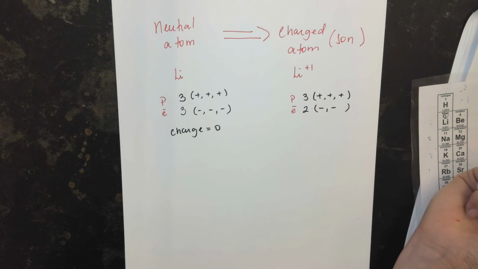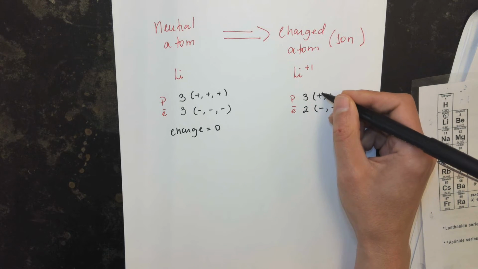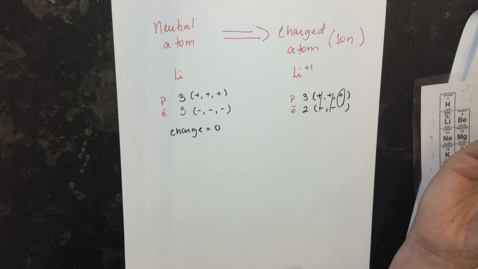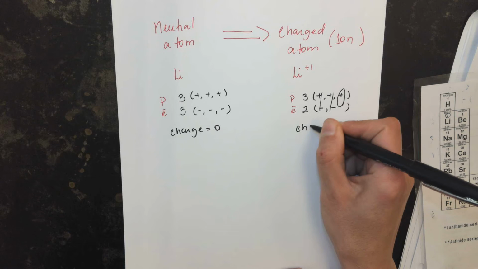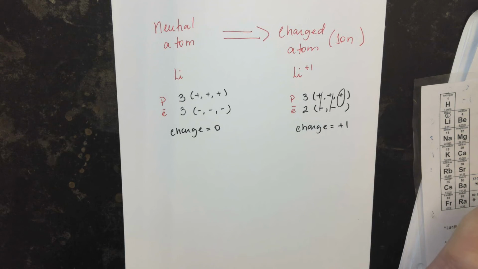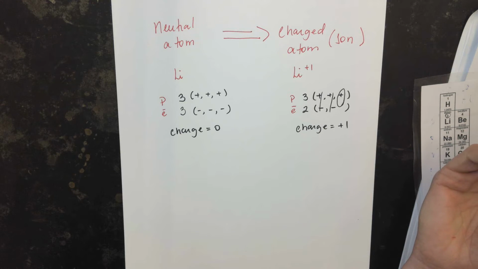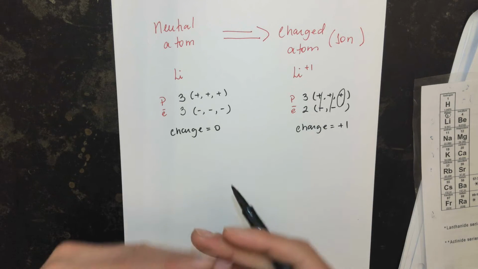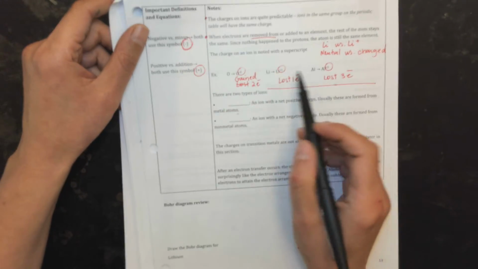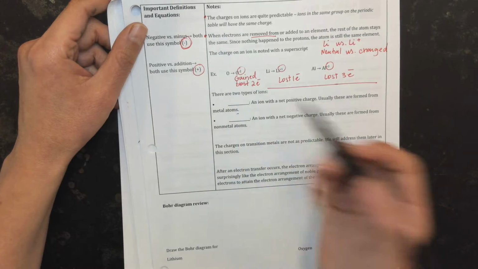So there's 2 electrons left. So if you cancel out the charges, you end up with 1 charge that's not accounted for. So the charge of lithium equals plus 1, because it has an extra proton. So that's where the plus 2 that you see here, the plus 1, the plus 3, the minus 2 comes from.